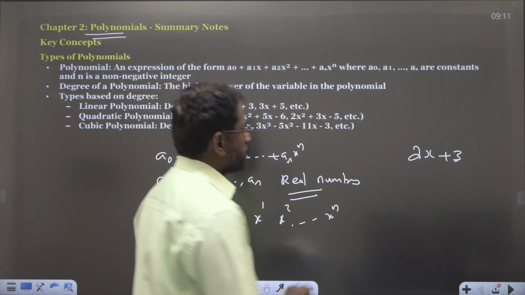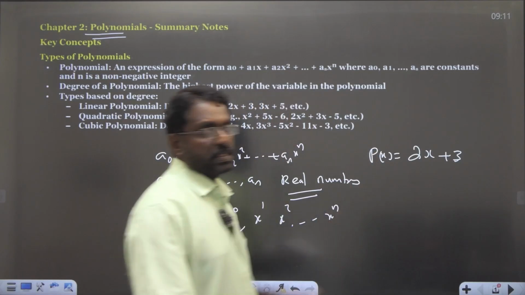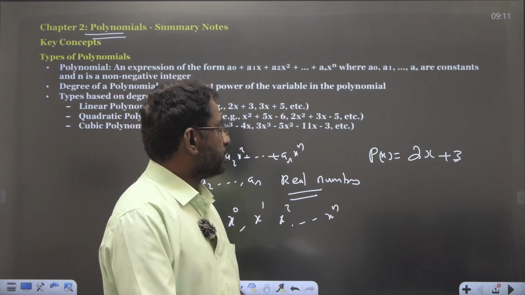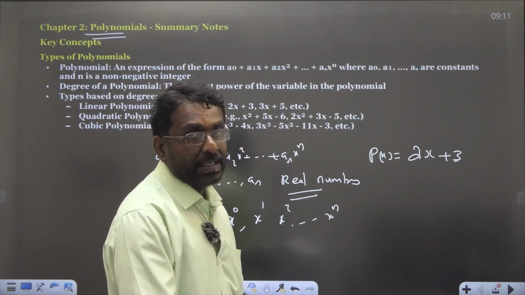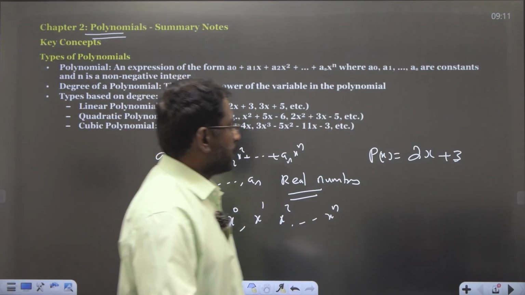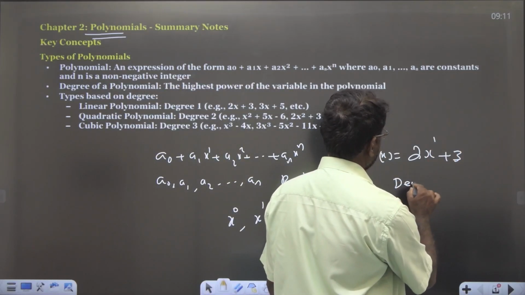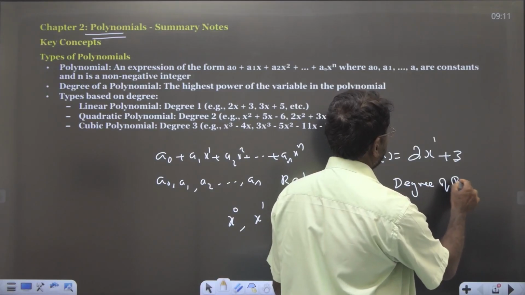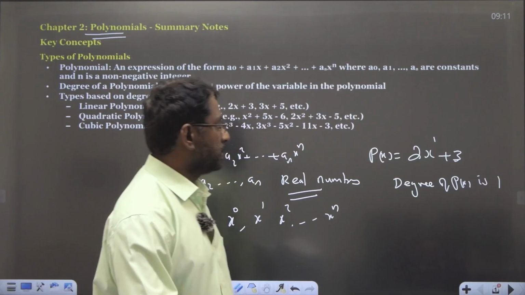The polynomial is usually denoted by the letter p of x. P of x means a polynomial with the variable x. Suppose p of x is equal to 2x plus 3. Here, the highest power of x is 1. So, degree of p of x is 1.